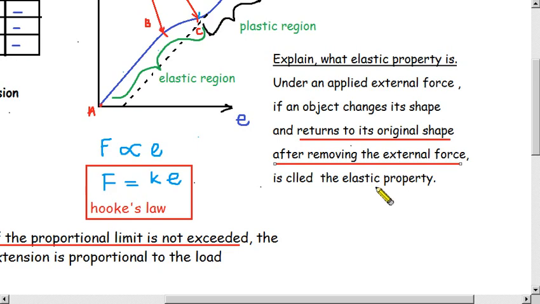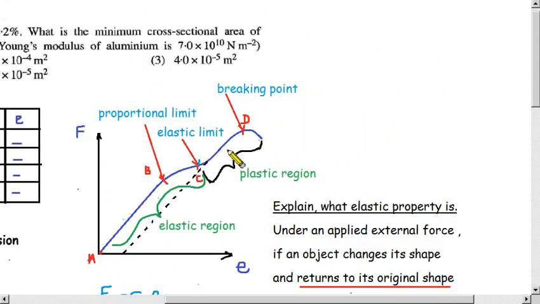Because in this region also, when you apply a force, the length of the wire increases, but it doesn't decrease after removing the force. So this part is not called elastic, it is plastic. Normally what you know as plastic, it's like that.